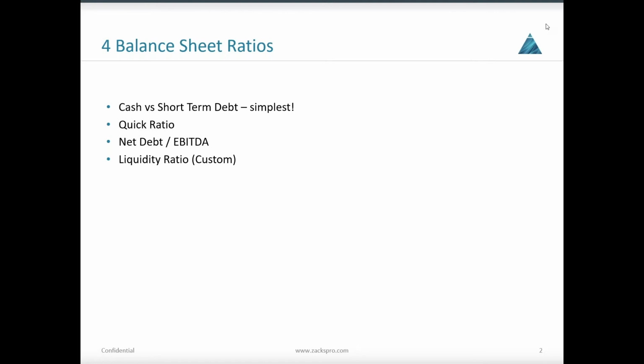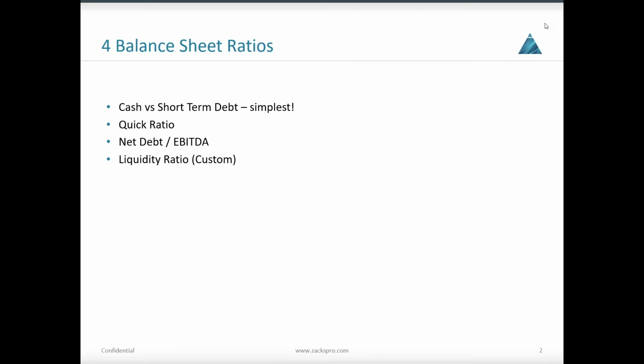And so the first ratio, as we just mentioned, is cash versus short-term debt. The second ratio is the quick ratio. The quick ratio just looks at a ratio of cash and accounts receivable versus total current liabilities. So it's a very small change from the first one, but we'll look at the cash ratio as well. And then we're going to look at the net debt to EBITDA.